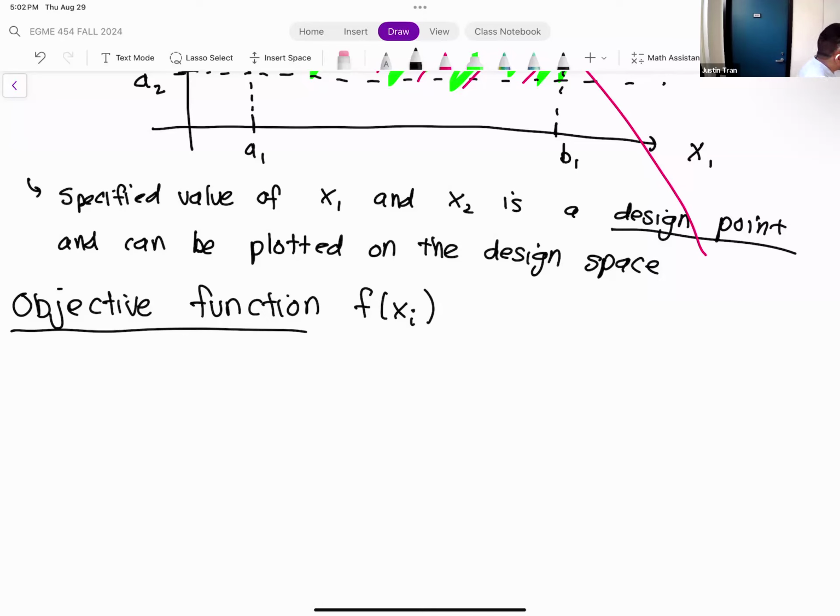Okay. We haven't really gotten to the crux of engineering optimization, right? Because the whole point of optimization is for us to determine the best value of these parameters, or in other words, for us to determine which designs are better than the others.